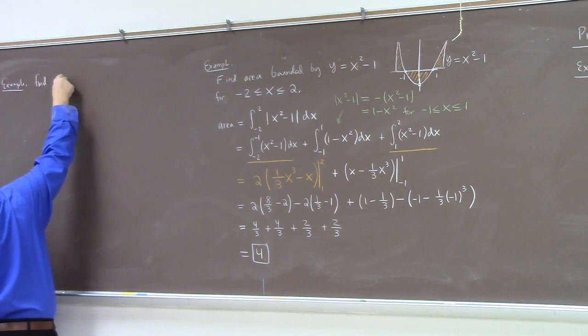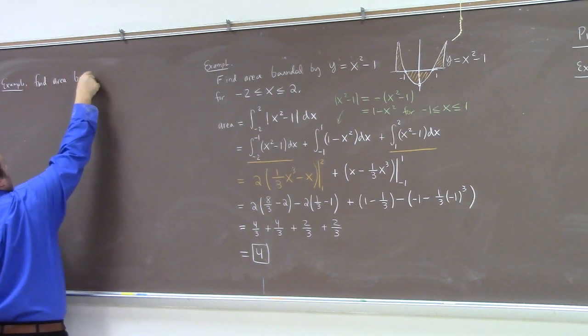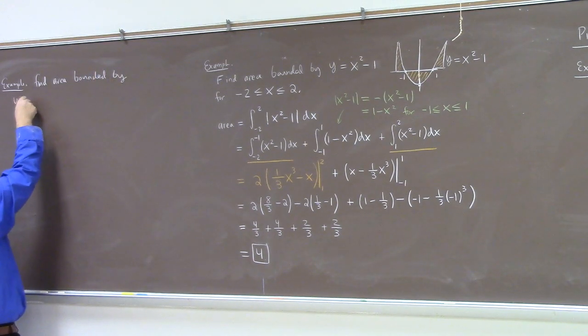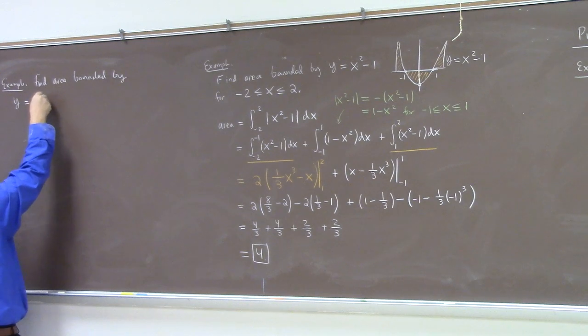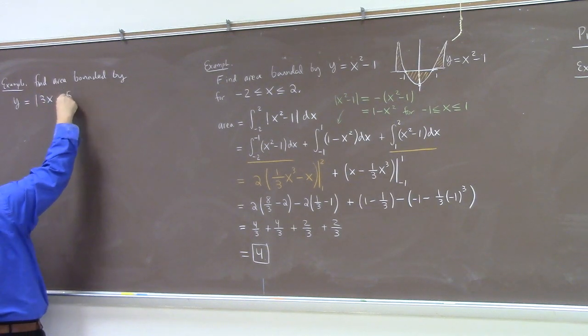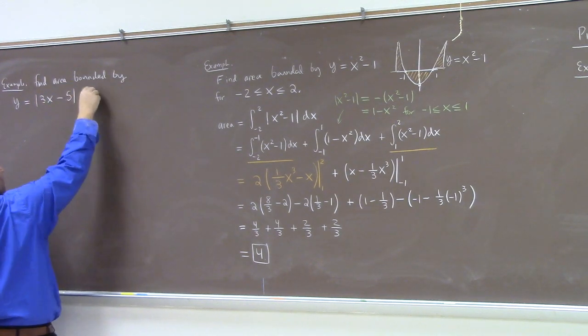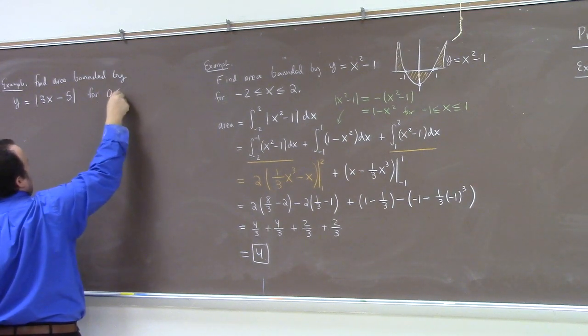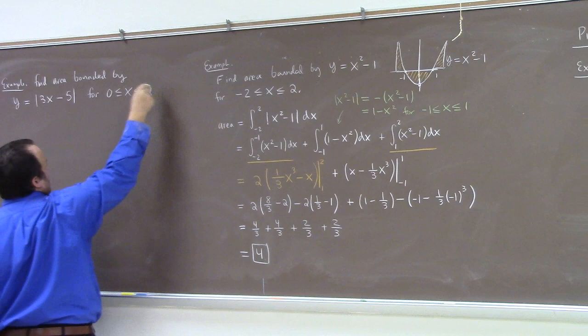Find the area bounded by y equals the absolute value of 3x minus 5 for 0 less than or equal to x less than or equal to 2.